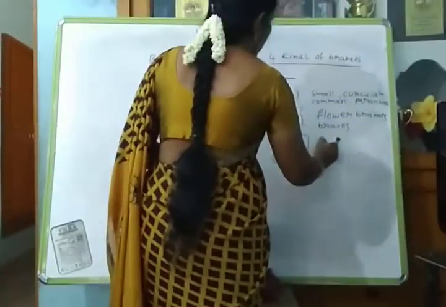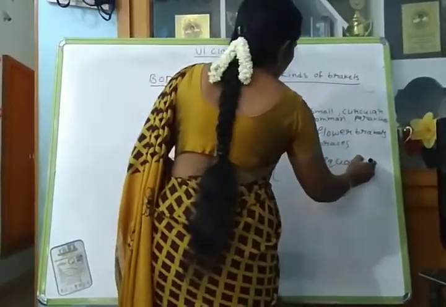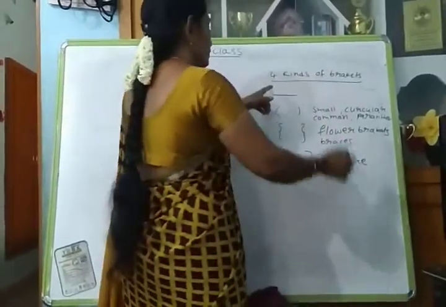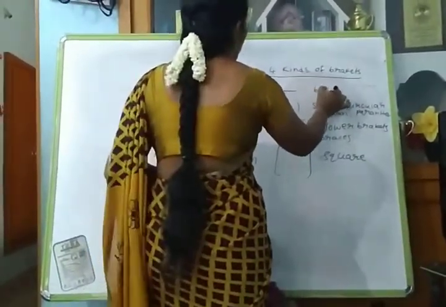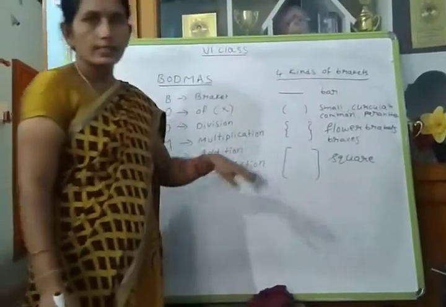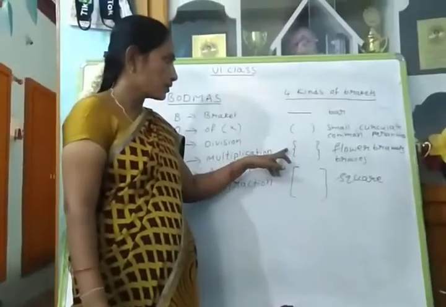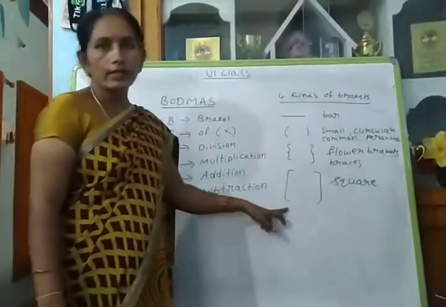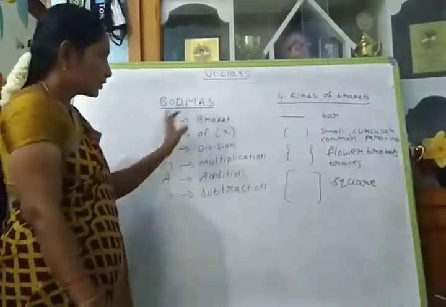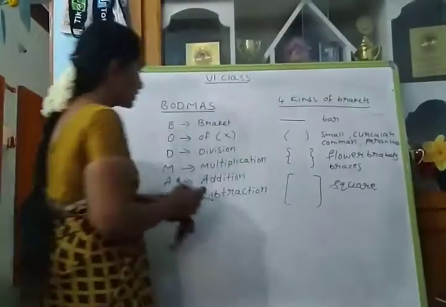These are square brackets. This is called vinculum or bar. So this is also an order. First we have to remove vinculum, after that small brackets, after that flower brackets, after that square brackets. This is the order. See, I will give some examples.